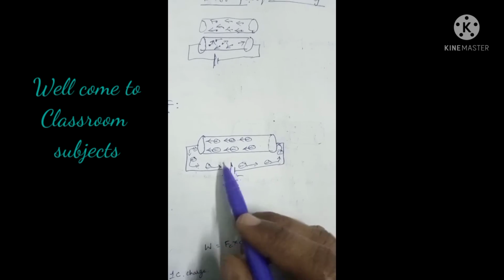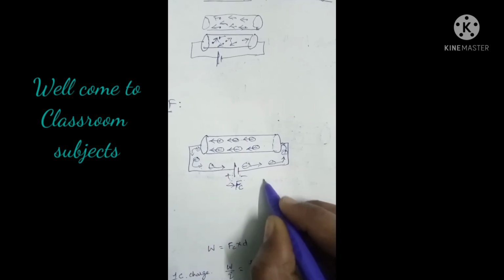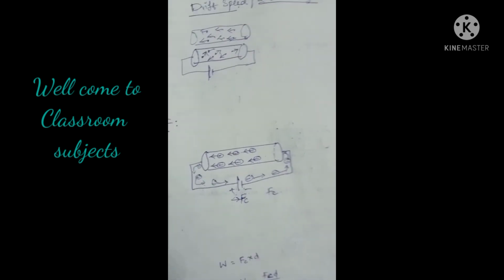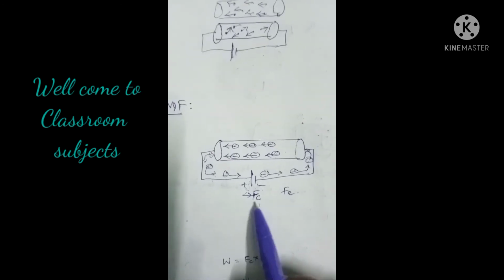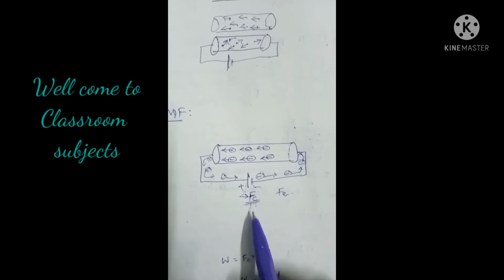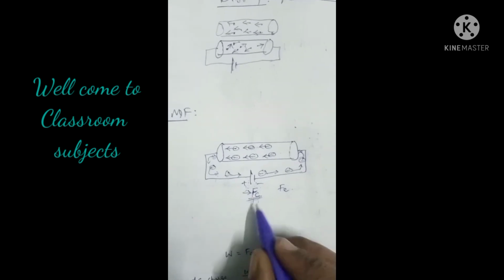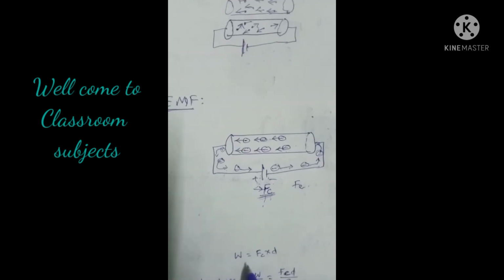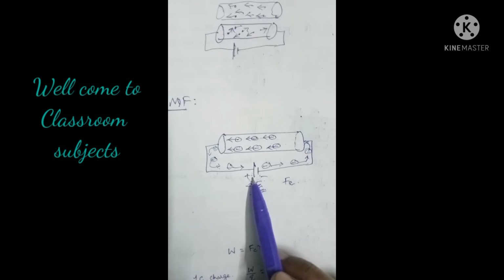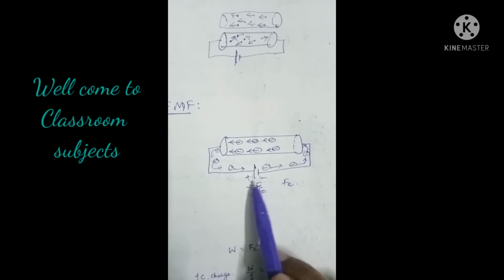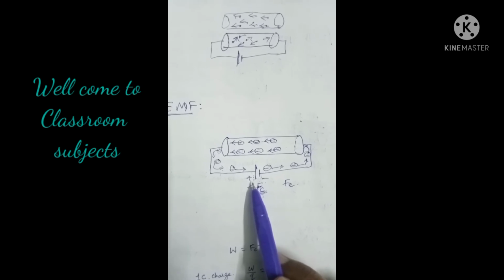Against Fe, the electric force Fe. So here this chemical force Fc is doing some work. That work done by the chemical force to move the charge from the positive terminal to the negative terminal is called EMF.